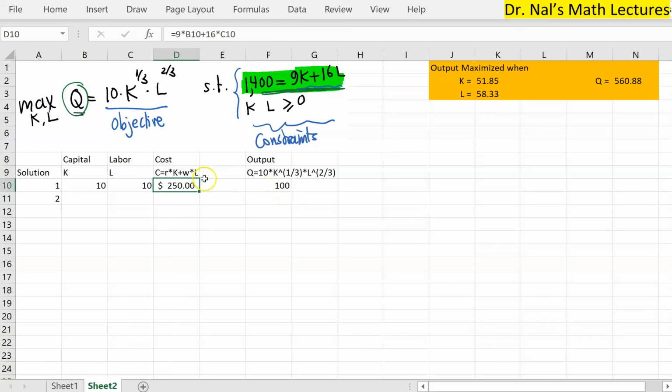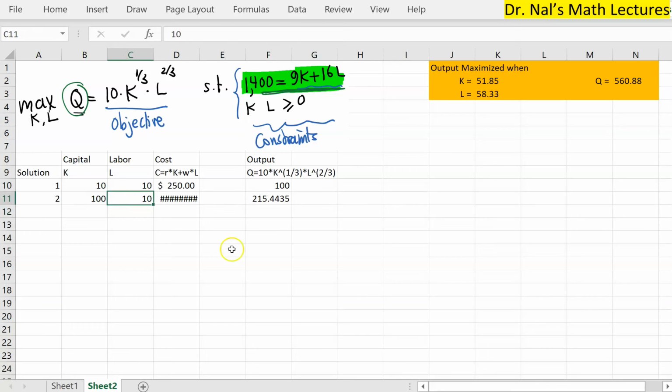So we can just go ahead and drag it down. Here you can check some hypothetical cases. I said I wouldn't do it, but I can't resist. For instance, if you were to use 100 units of capital and 1 unit of labor, it would have cost this much, and as a result, the output would have been this much. Because we want to spend 1400, maybe I want to increase this.